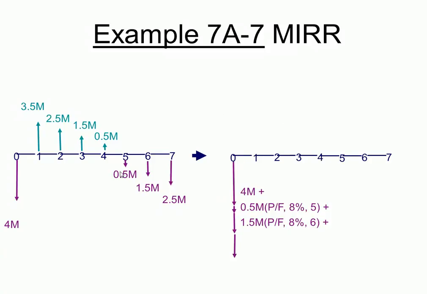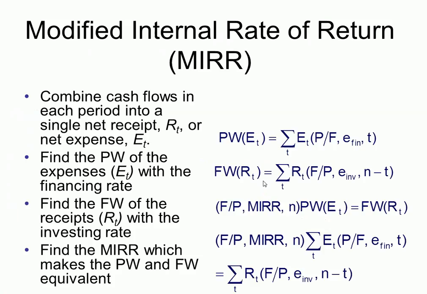We're going to combine all of these. Notice when we're combining the 0.5 M, we discount it back to the present, so 0.5 M multiplied by P given F at 8%. That is our financing rate.